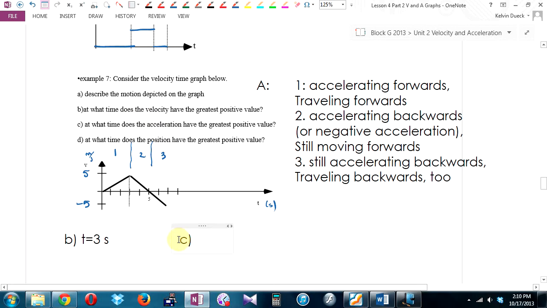C, at what time does the acceleration have the greatest, oh, by the way, it said greatest positive value, because it could have been, maybe it went negative faster, backwards faster. So greatest positive value. C, at what time does the acceleration have the greatest, listen close, positive value? Between what times?